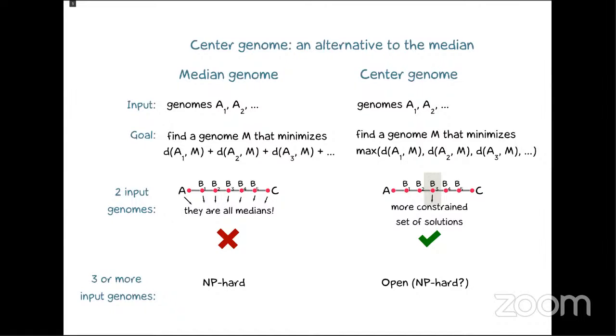You have to pick one that's right in the middle or close to the middle if you have 2 equally positioned middle genomes. So you have much more constrained solutions for 2 genomes. For 3 genomes, we don't know the complexity of the centered genome problem. It may be NP hard as well, just like the median, but it's open.